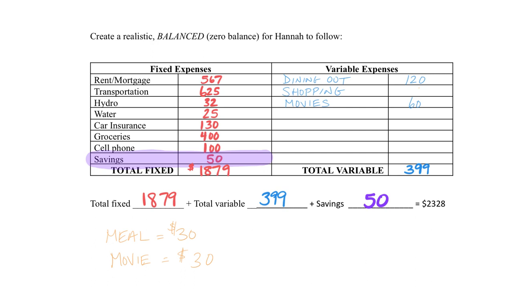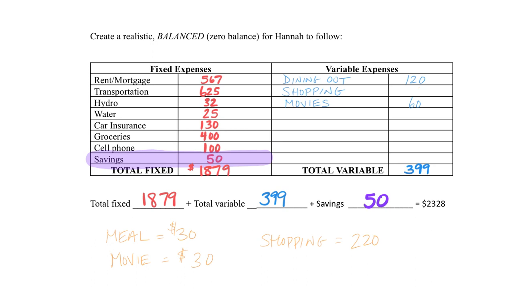Okay, well, if I did add that up right now, then I'll notice my total variable expenses is $180. If I now took my $399, which is approximately $400, and I take away the $180, that means that she has, for shopping, about $220, approximately.